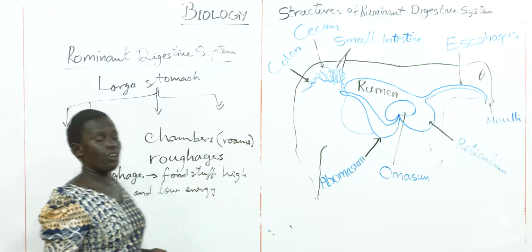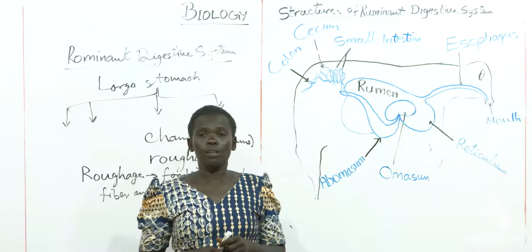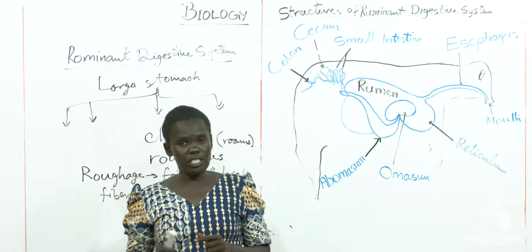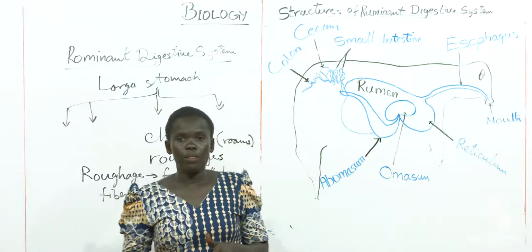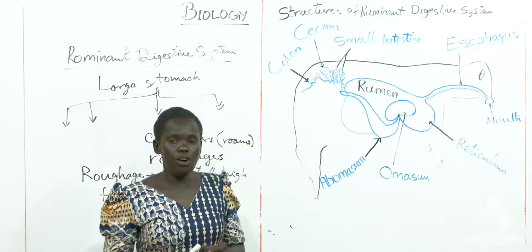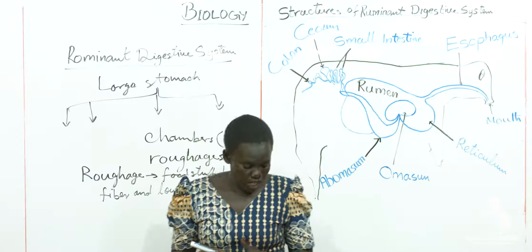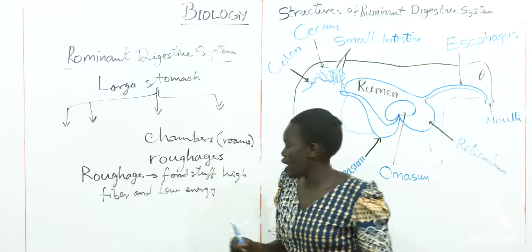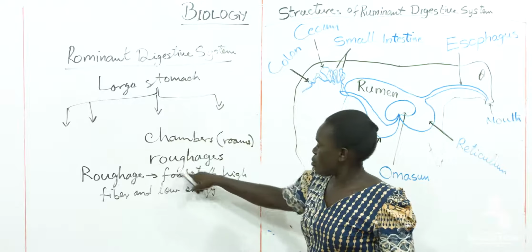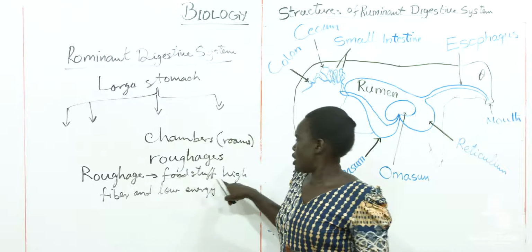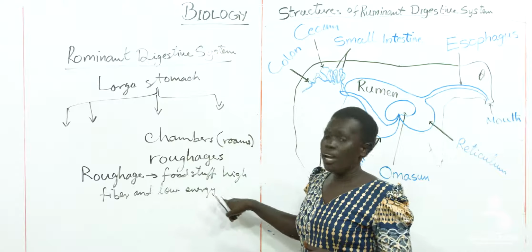It is the opposite of the monogastric digestive system. Monogastric animals, represented by human beings, cats, and dogs, feed on concentrates. Concentrates are foodstuff high in energy and low in fiber. So the food the ruminants eat is high in fiber and low in energy.